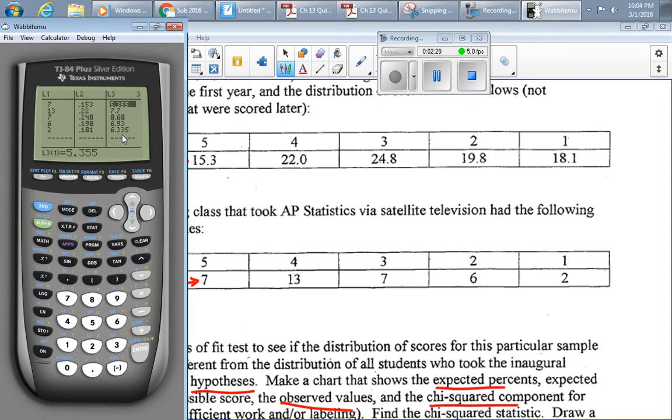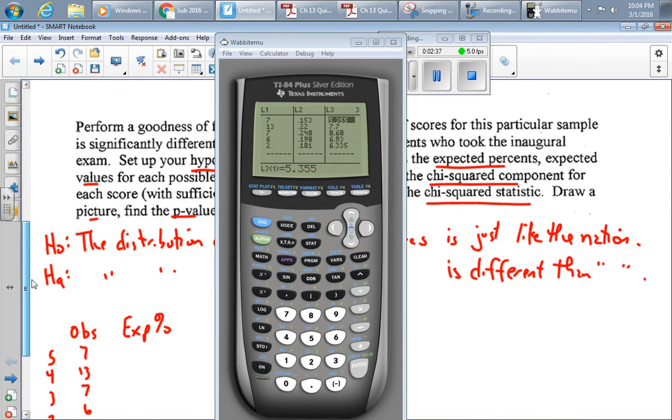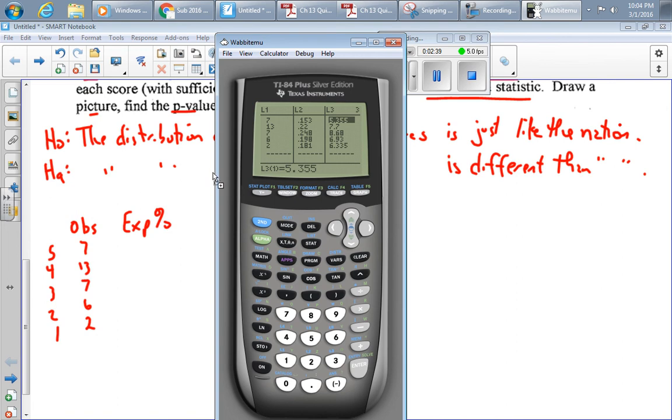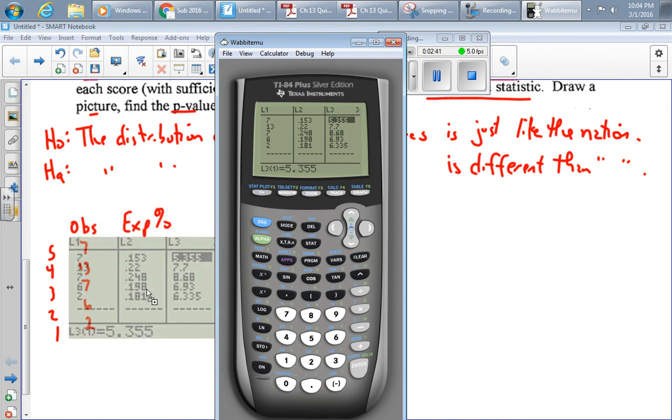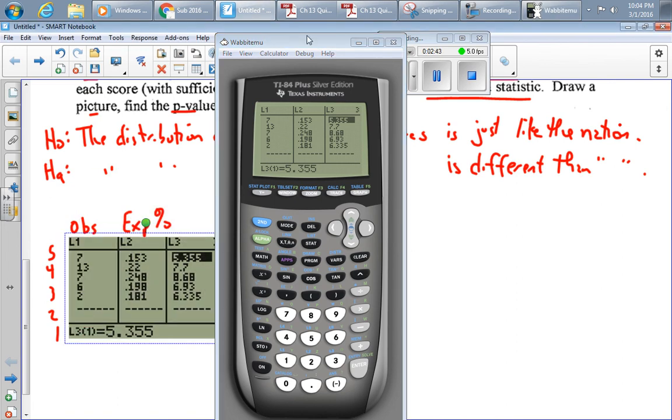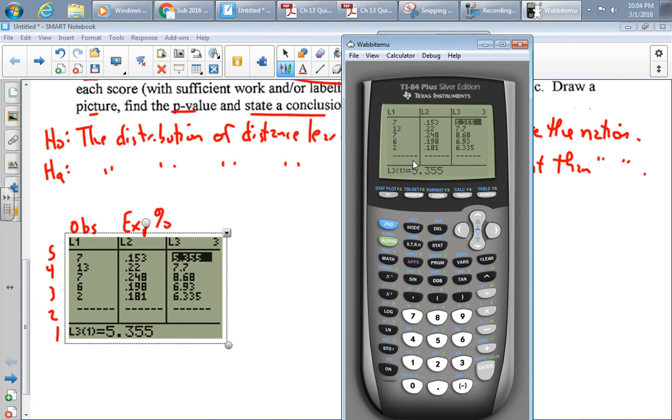Now these numbers should be reasonably close to these numbers, and you can see they are, and I have a decimal, and that's okay. So there are my observed, expected. Now these numbers here are the expected counts, how many I thought I would get for each score.